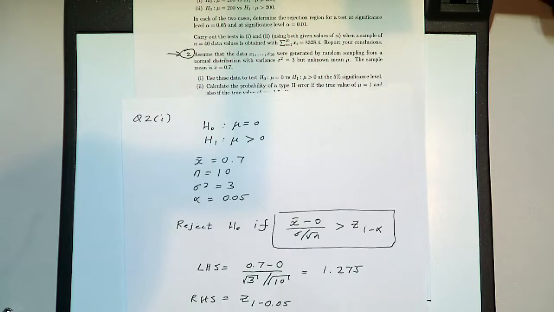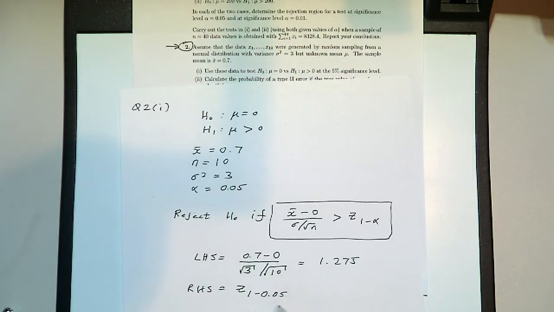If you read this off the table, this will be 1.645. So clearly 1.275 is not greater than 1.645. So the conclusion from this is, again, there is no evidence to reject the null hypothesis, right?